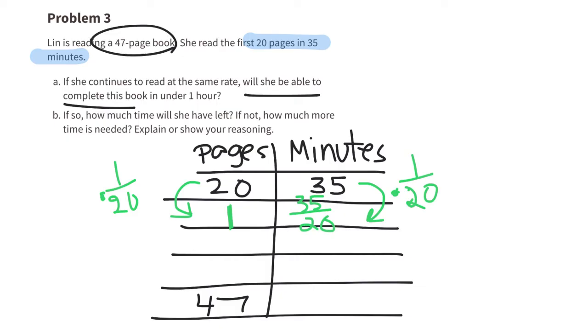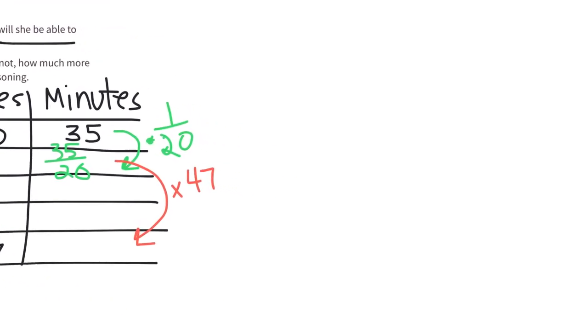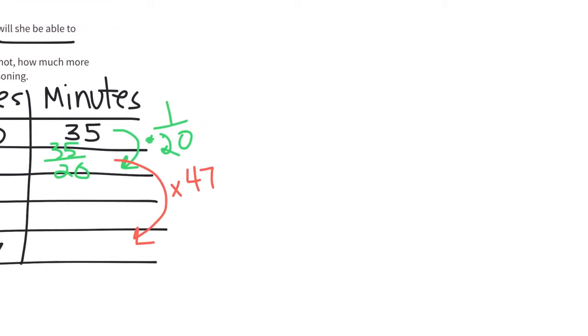There you go. And then we're going to do 1 times 47 to give us our 47 pages. So we're going to do 35/20 times 47. So let's do that. 35/20 times 47. So that is a gross problem.